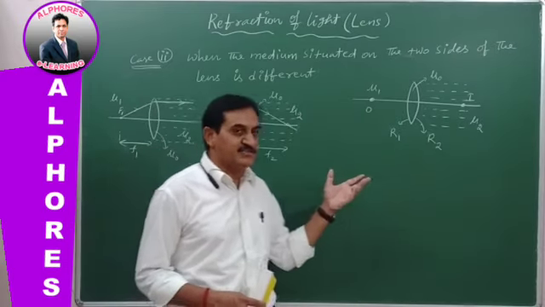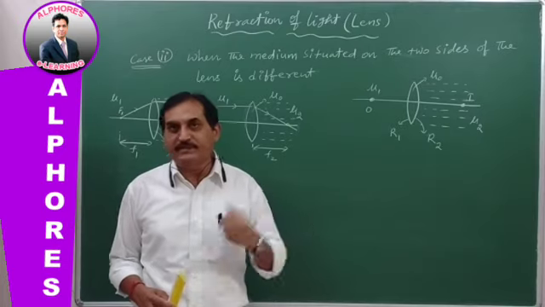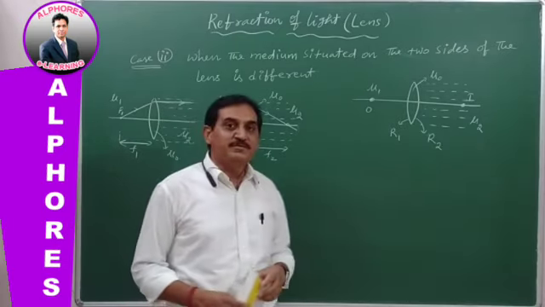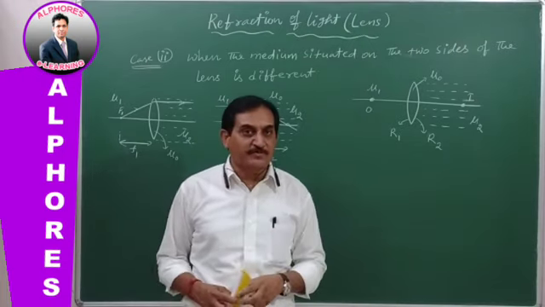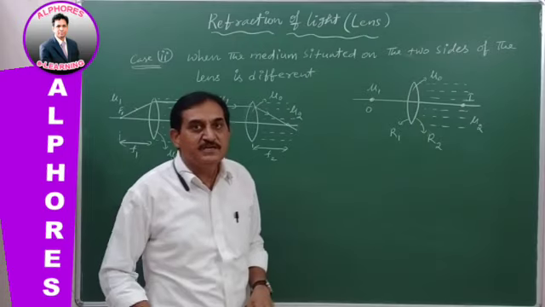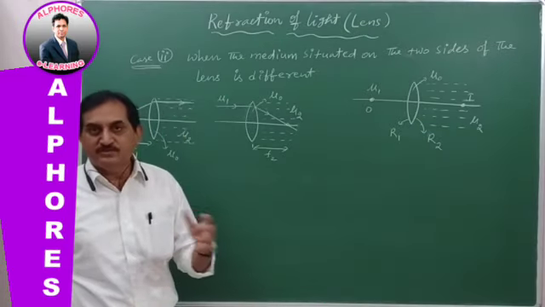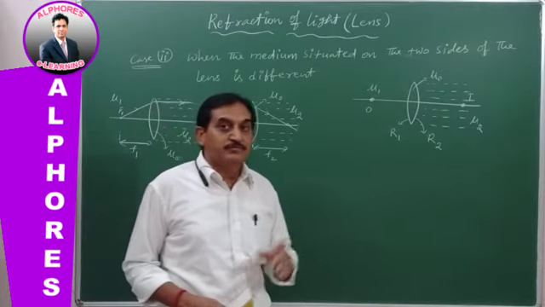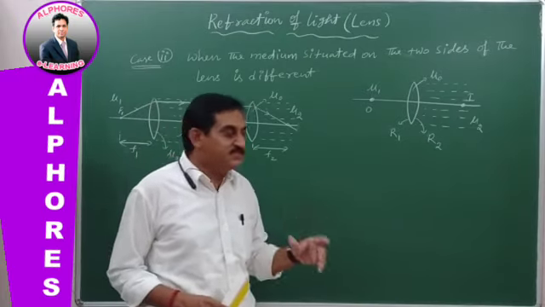Suppose on both sides of the lens the medium is not the same, then how can we solve the problem? That is solved by using the refraction formulae at the first refracting surface and the second refracting surface, and you will get a final equation by which you can solve the problems. Okay, let us see the same.